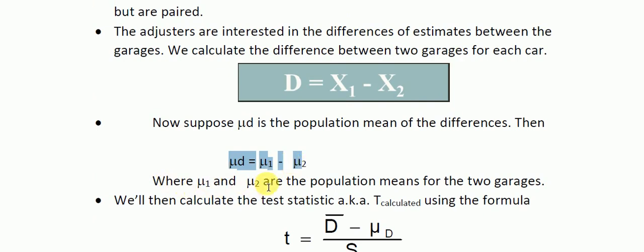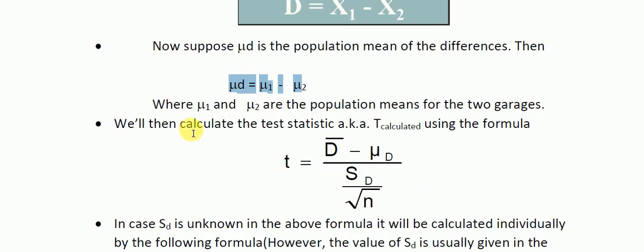Where mu1 and mu2 are the population means for the two garages. So we'll then calculate the test statistic, also known as T, calculated using this formula. We had a different formula when we were calculating the T test for a single sample, but over here, since it is the case of a T test with two dependent samples, we use this formula.